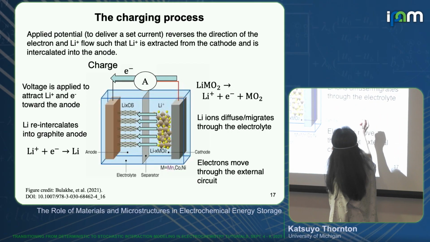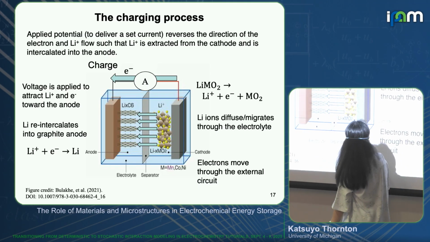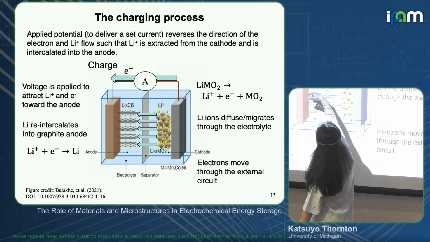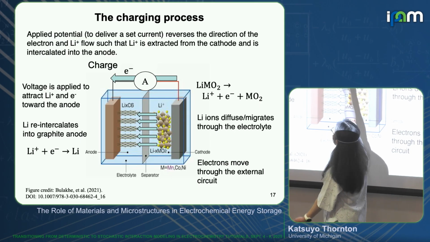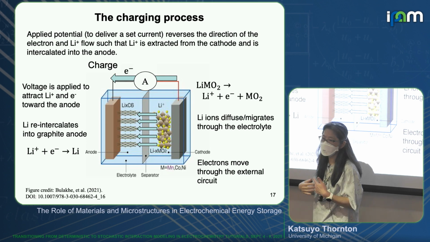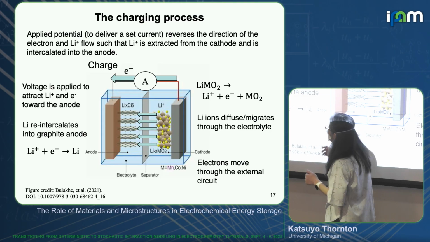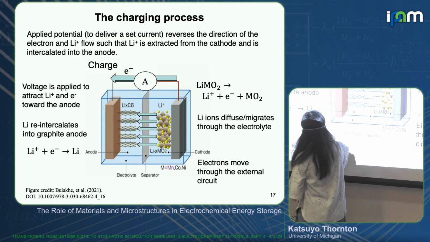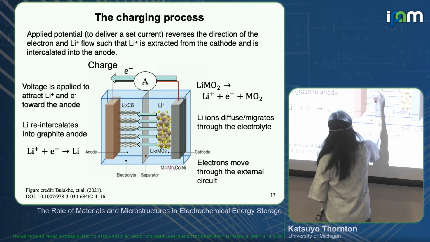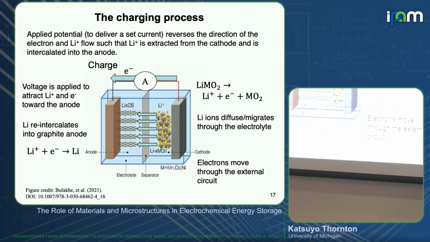Lithium ions diffuse and migrate through the electrolyte, and electrons move through the external circuit, driven by the applied potential, which causes the current. Usually it's constant current instead of constant voltage. Then this reaction happens over here, and lithium intercalates into the graphite.